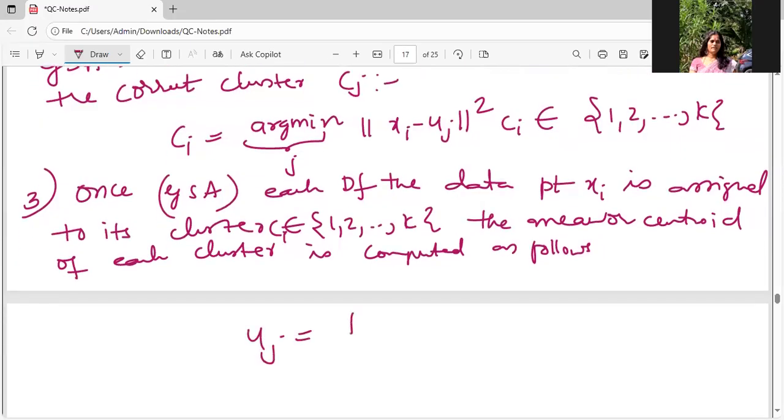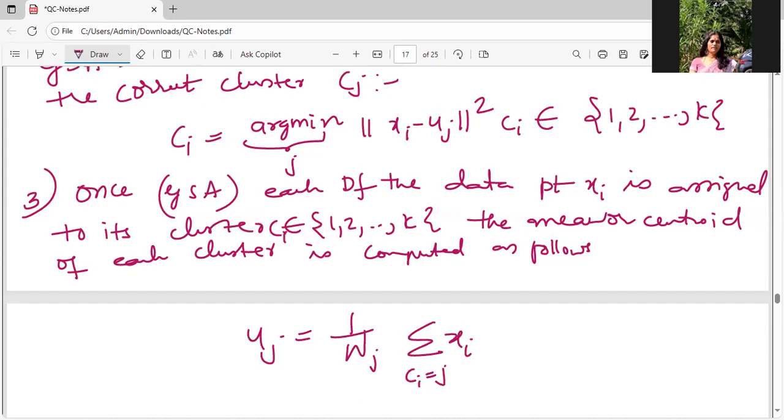Uj is equal to 1 by nj, summation ci is equal to j xi. Okay, uj is equal to 1 by nj, summation ci is equal to j, summation of all those.